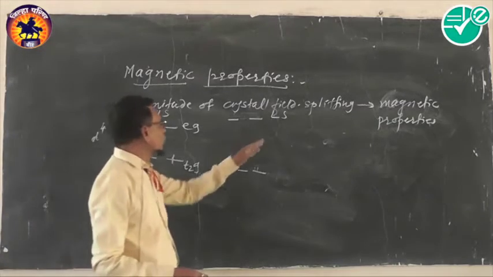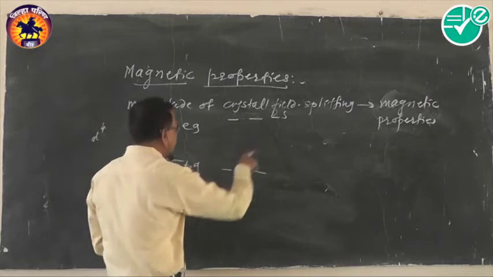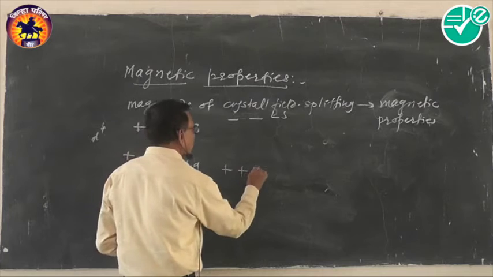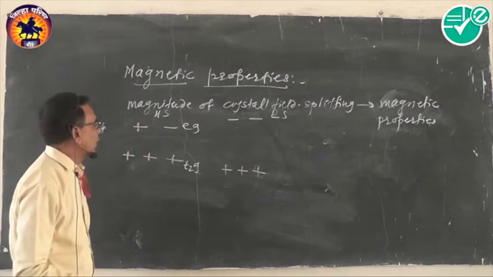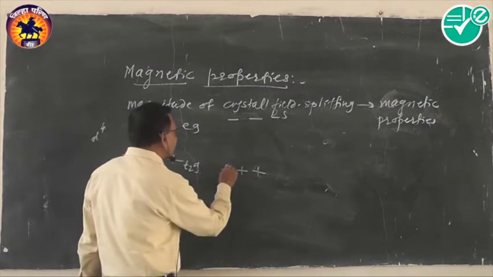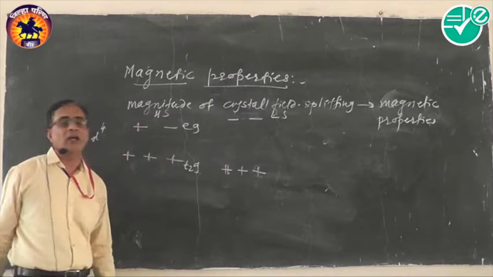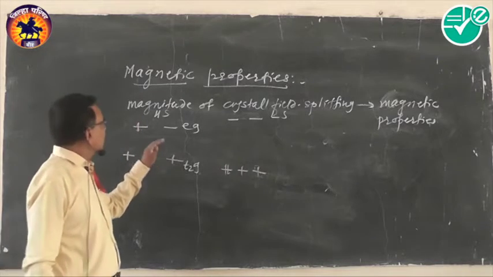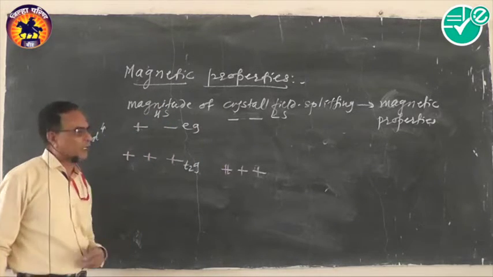But in case of low spin complexes, when the crystal field splitting is more, the first 3 electrons enter into the t2g set, but the fourth electron will prefer to pair with these low energy orbitals rather than entering into higher energy eg orbitals. So this is a high spin complex and this is a low spin complex in the d4 case.